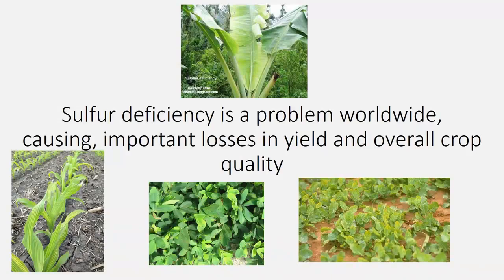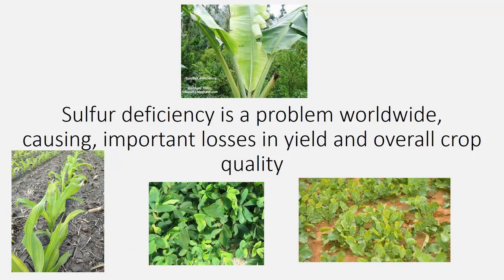So we can expect that there's probably some kind of imbalance in sulfur. We're not putting in as much sulfur as we're removing from the soil. So we expect that we probably have sulfur deficiency in certain crops in certain areas.